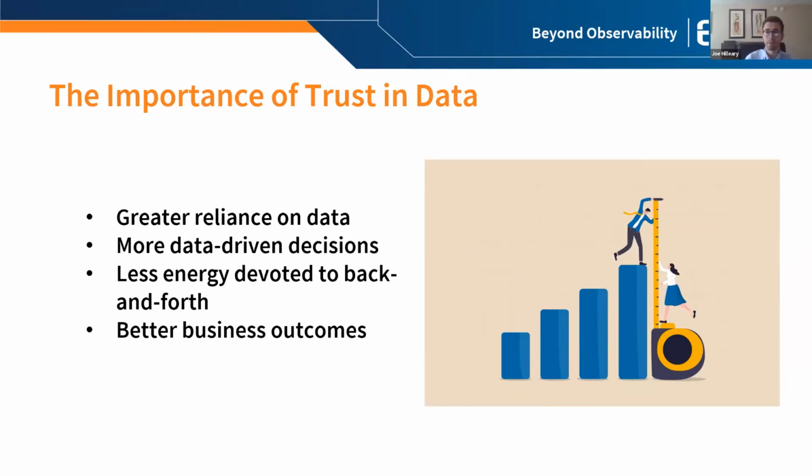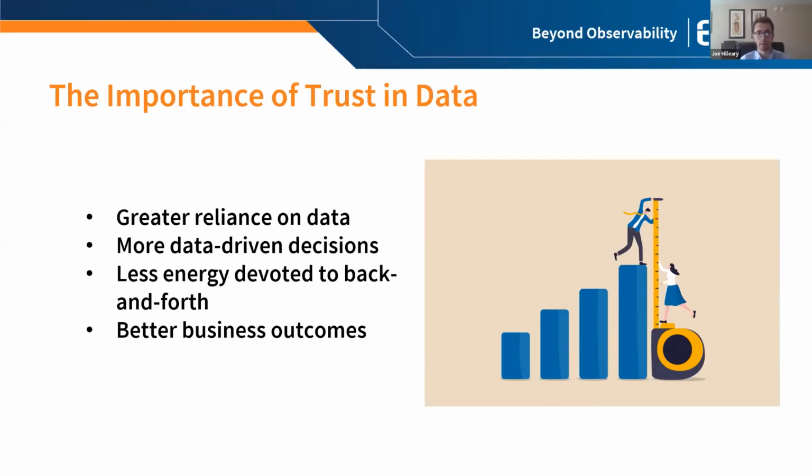And it takes time away from IT, who can't build out new capabilities and instead is forced to go back and forth and figure out what went wrong. But with the traceback and this early intervention, there's less time devoted to that back and forth. And ultimately, if your data is of good quality and you're making more data-driven decisions, history has shown us that leads to better business outcomes.